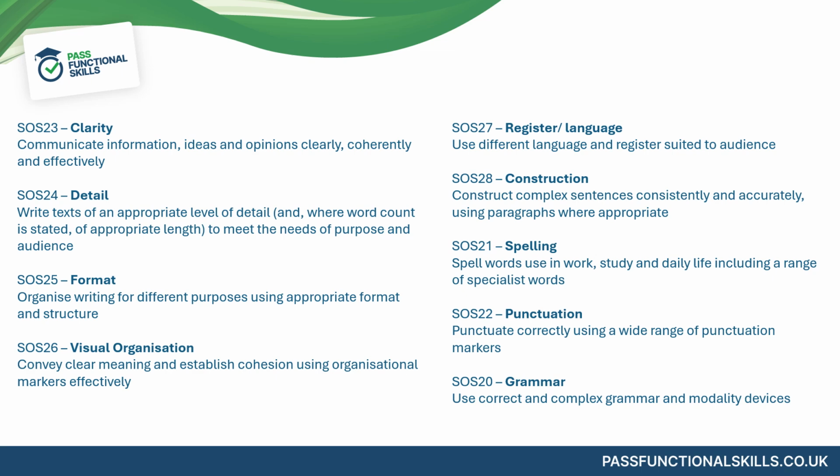So this includes the subject-verb agreement, making sure that the subject of your sentence matches with the verb, the doing word, making sure you're using articles correctly, so a, an, or the, depending on which one is correct in the context of your sentence. We also need to use modality devices, which is basically just modal verbs, so words like could, should, must, can, and would, to give you a few examples.